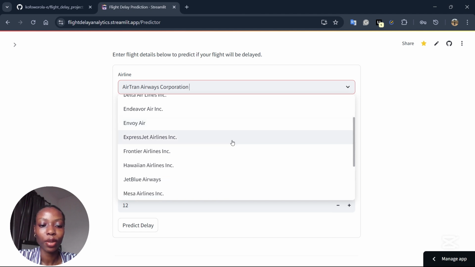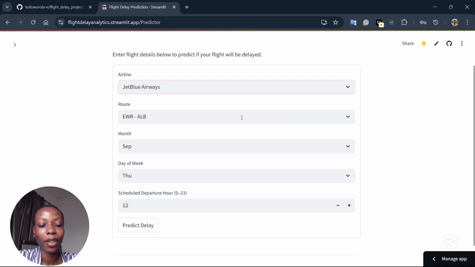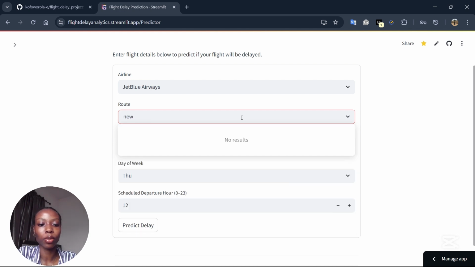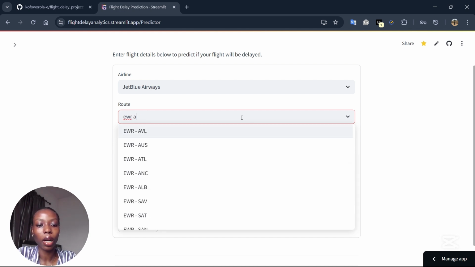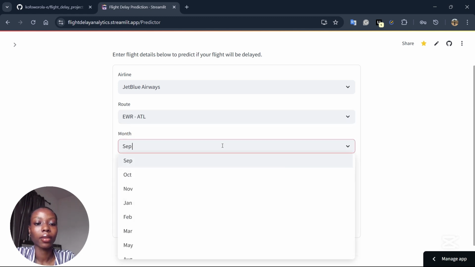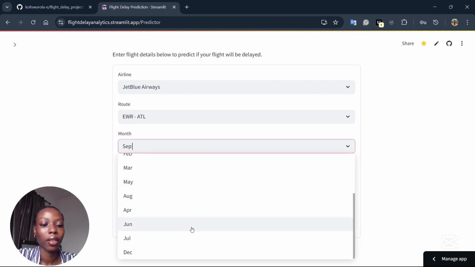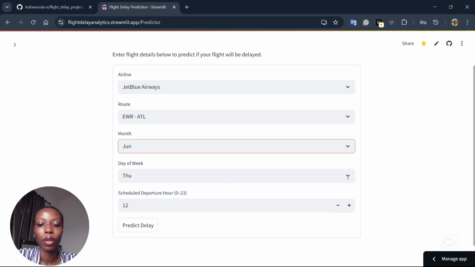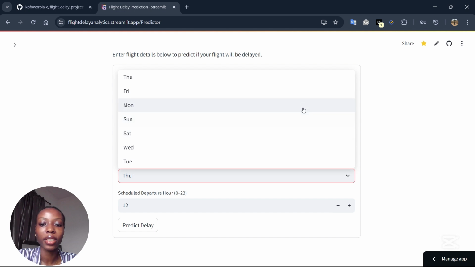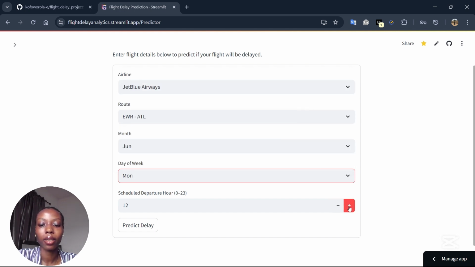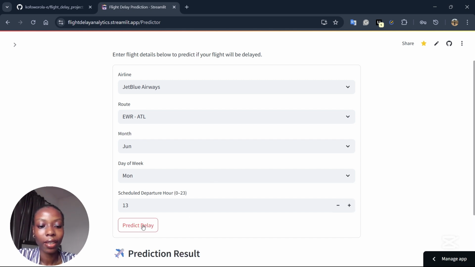Let's pick JetBlue Airways from Newark to Atlanta, in the month of June, on a Monday at 1 p.m. So this is the flight detail: JetBlue Airways from Newark to Atlanta, the month of June, on a Monday at 1 p.m. Let's click on predict delay and see.